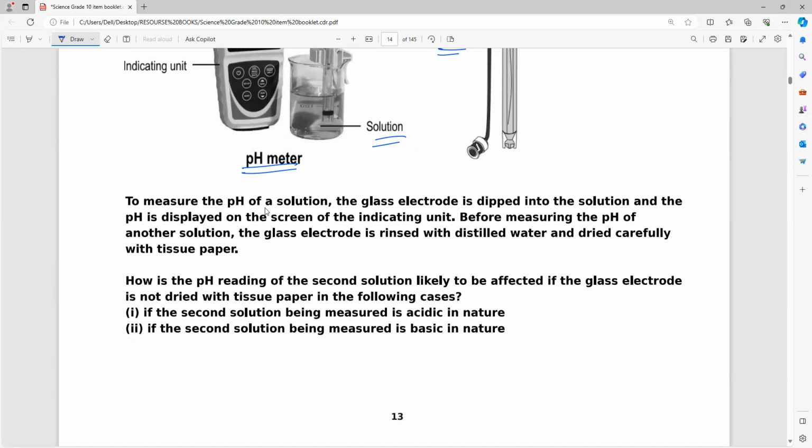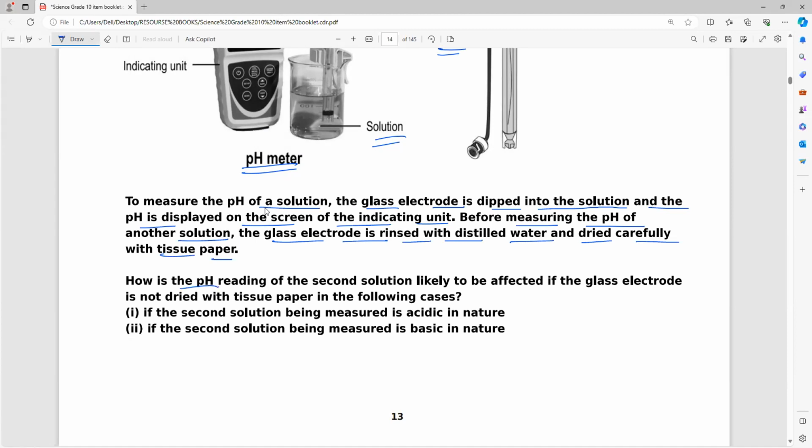So to measure the pH of a solution, the glass electrode is dipped into the solution and the pH is displayed on the screen of the indicating unit. Before measuring the pH of another solution, the glass electrode is rinsed with distilled water and dried carefully with tissue paper.